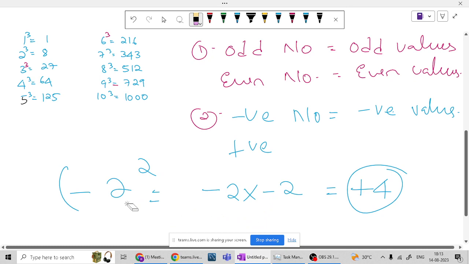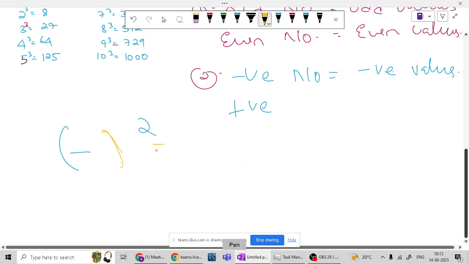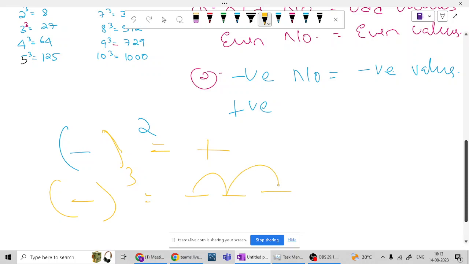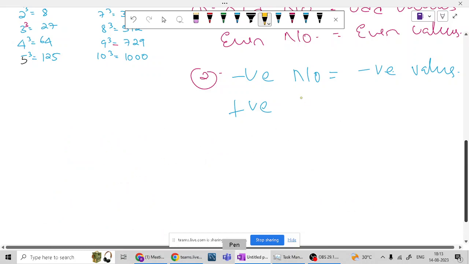Twice, so minus into minus is plus. That's the reason for a square you get plus. And for a cube, minus into minus is plus, then plus into minus is minus. So for negative numbers, the cube is always negative, and for positive numbers, it's always positive.